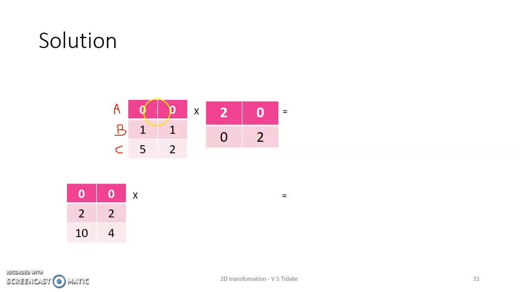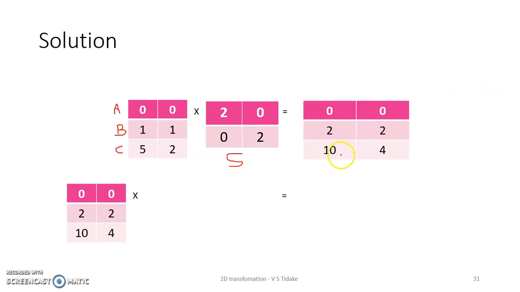When we multiply this triangle matrix with scaling matrix S, we will get another matrix, that is 0 0, 2 2, 10 4 after the scaling.